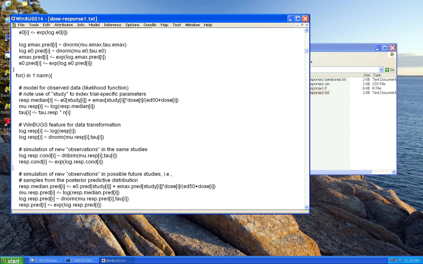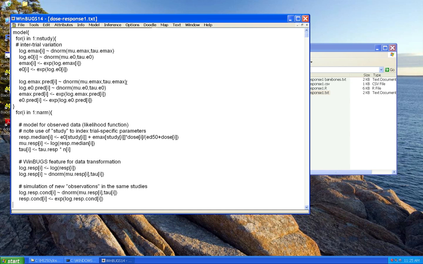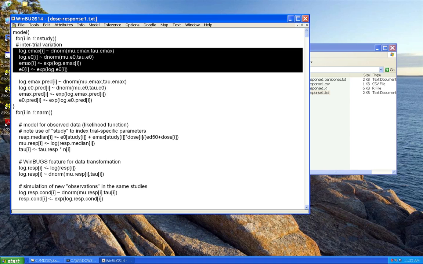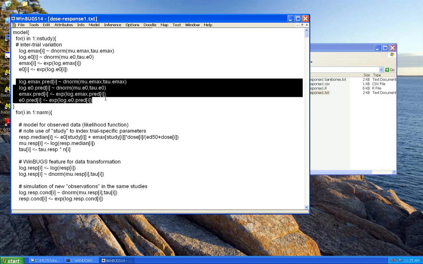And what we have to do there is we not only have to generate new residual variation, we also have to generate new random effects that represent these hypothetical new studies. So I also have to do some work up here in our loop that goes over studies. I take my original random effects generation and do it again here.